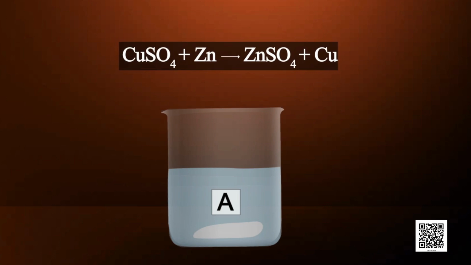That is why the blue color of copper sulfate solution disappears and a powdery red mass of copper is deposited at the bottom of the beaker.